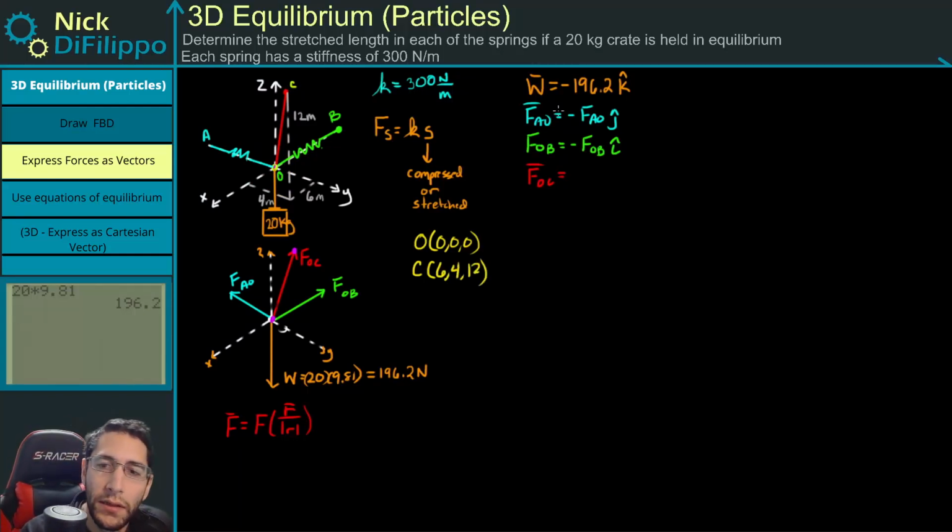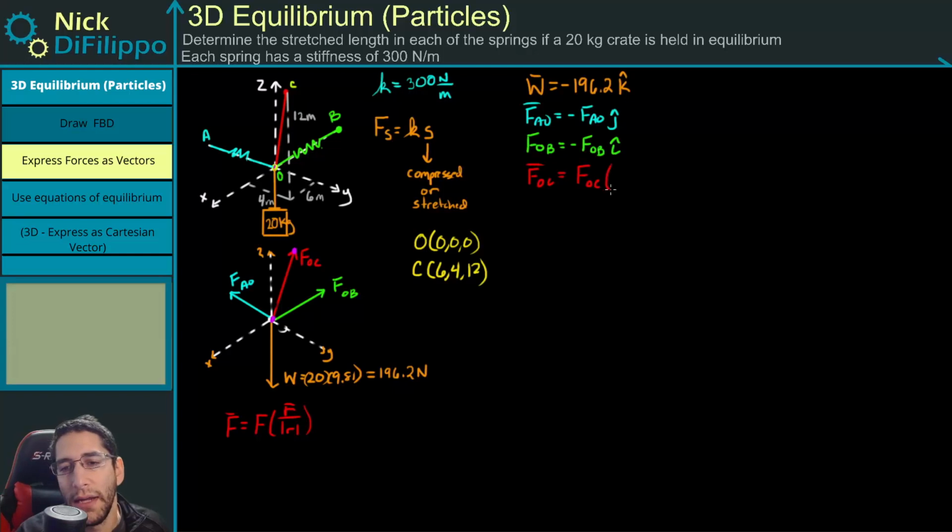All right, so the force F_OC is going to be, and I'm going to do this in line, times, well, now we have 6 minus 0, so 6i, then 4 minus 0, plus 4j, then 12 minus 0, plus 12k. And what's the magnitude of this?